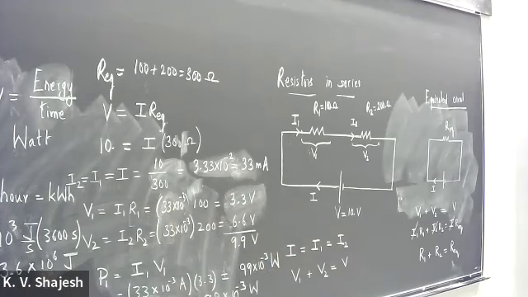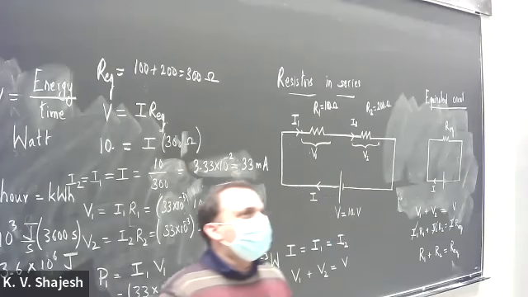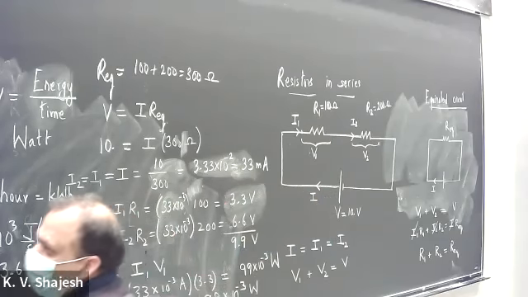So those are the quantities we are interested in for a resistor. In a very quick manner, let me motivate how you do resistors in parallel. We have about 6 minutes remaining.